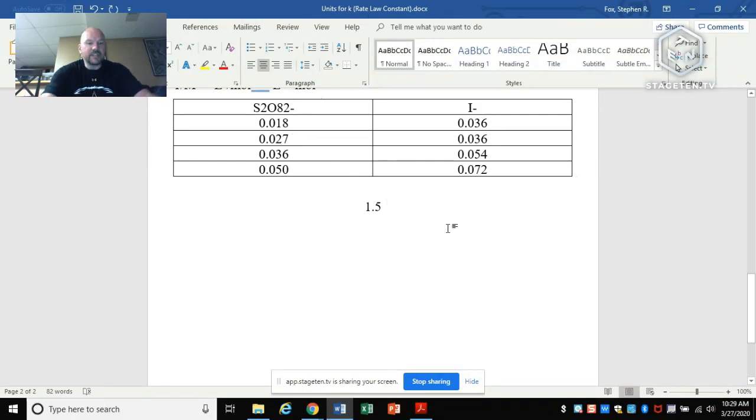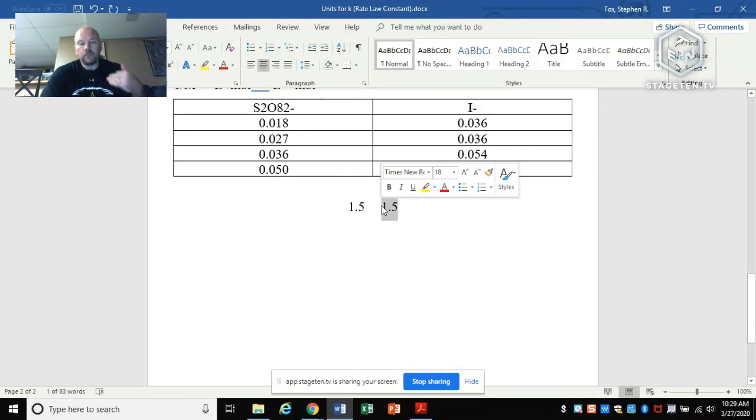Then do the same thing to the rate: 3.9 times 10 to the negative 6 divided by 2.6 also equals 1.5. So the concentration changed by a factor of 1.5, and the rate changed by a factor of 1.5.